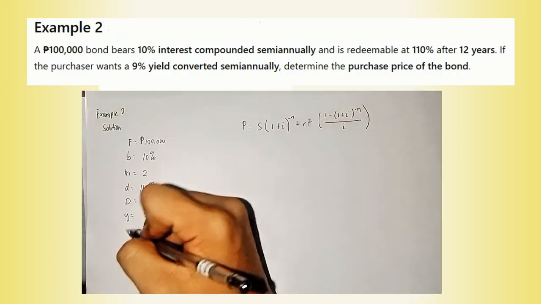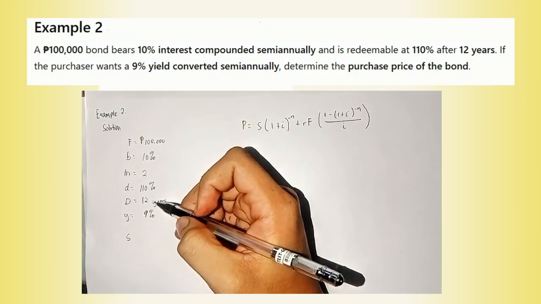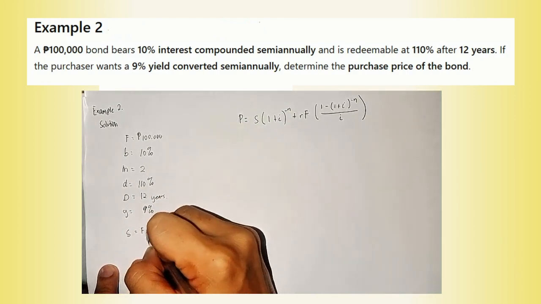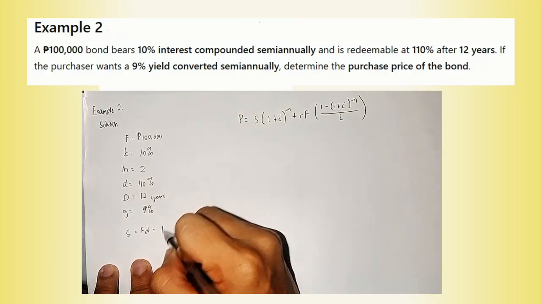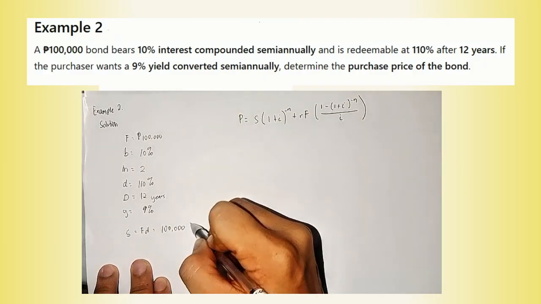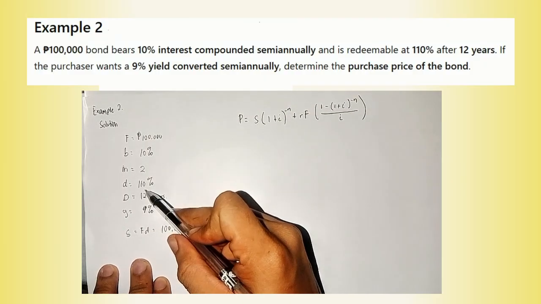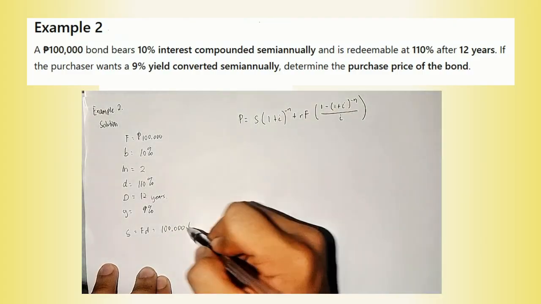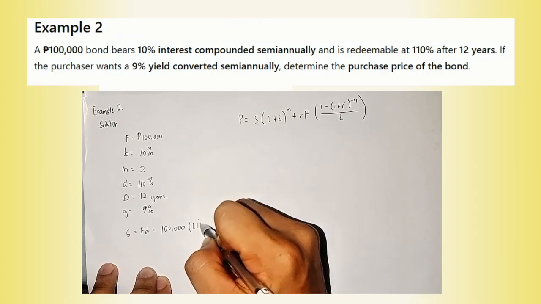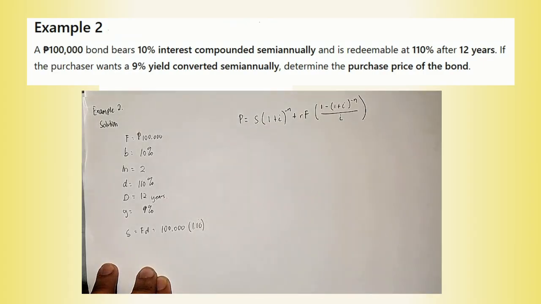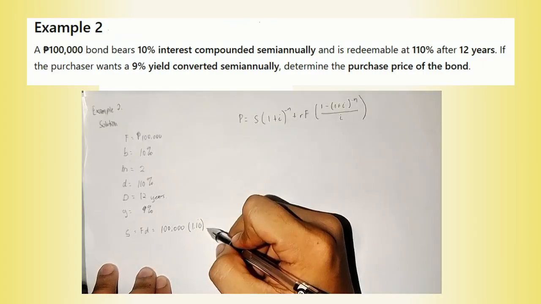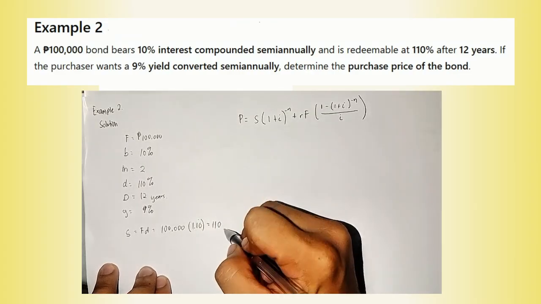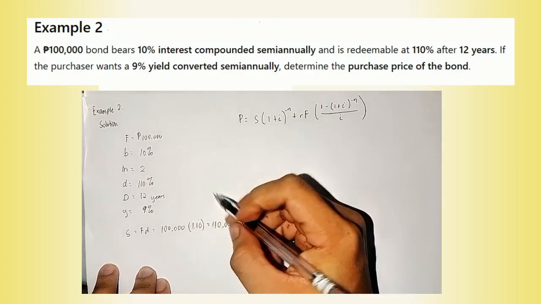We know that S is the redemption value, so S is equal to F times D, or 100,000 times 1.10, which is equal to 110,000 pesos.